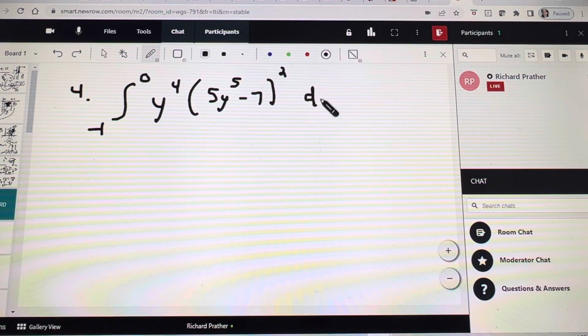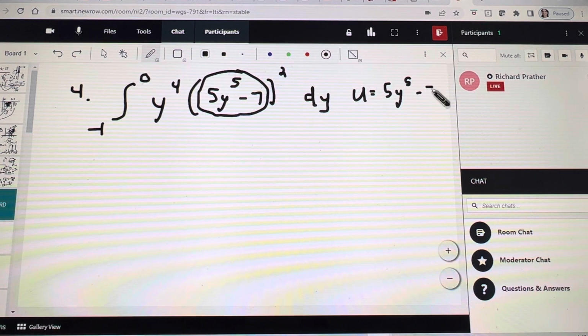So y is the variable of interest. Usually the inside of the parentheses is a good choice to set equal to u. So u is 5y to the 5th minus 7.